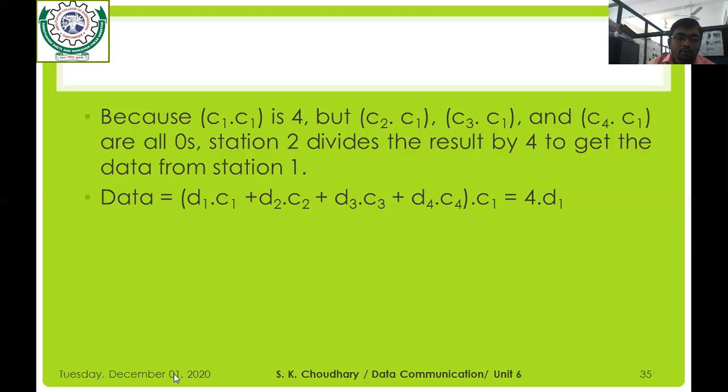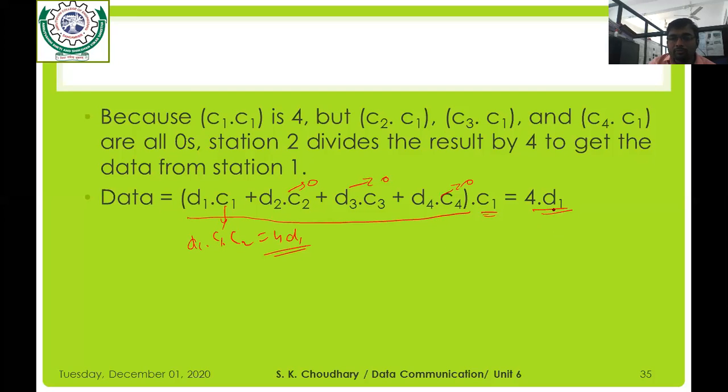You can see here, for station 2 to listen to what station 1 is saying, the data on the channel is multiplied with the code C1. The only nonzero case is C1 into C1, which equals 4, and in the rest of the cases it is 0. So it becomes 4 into D1.